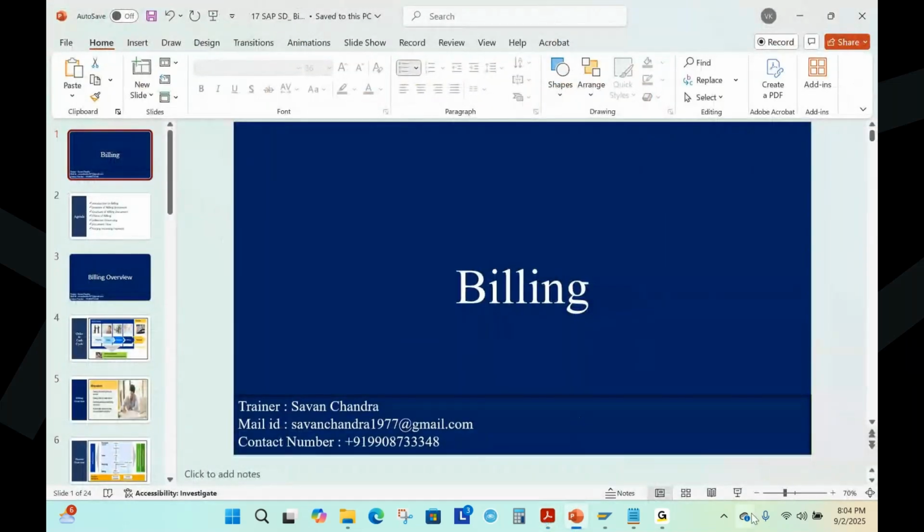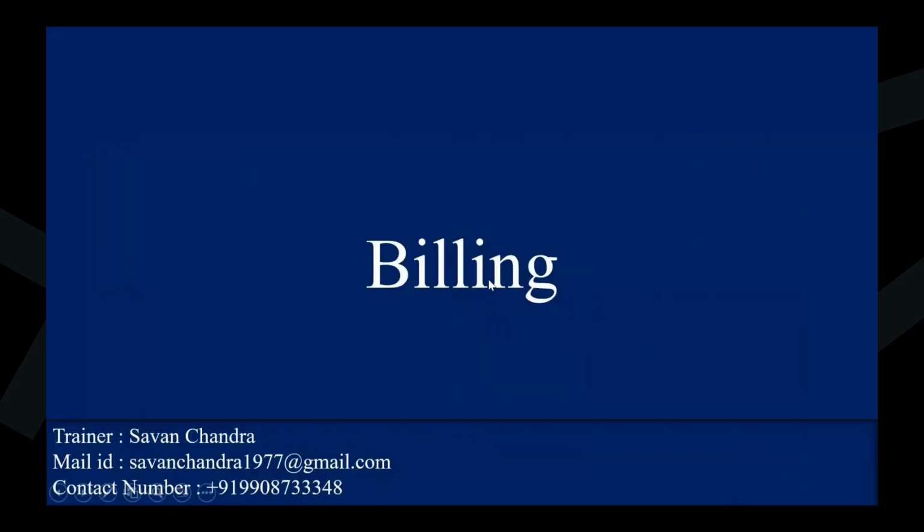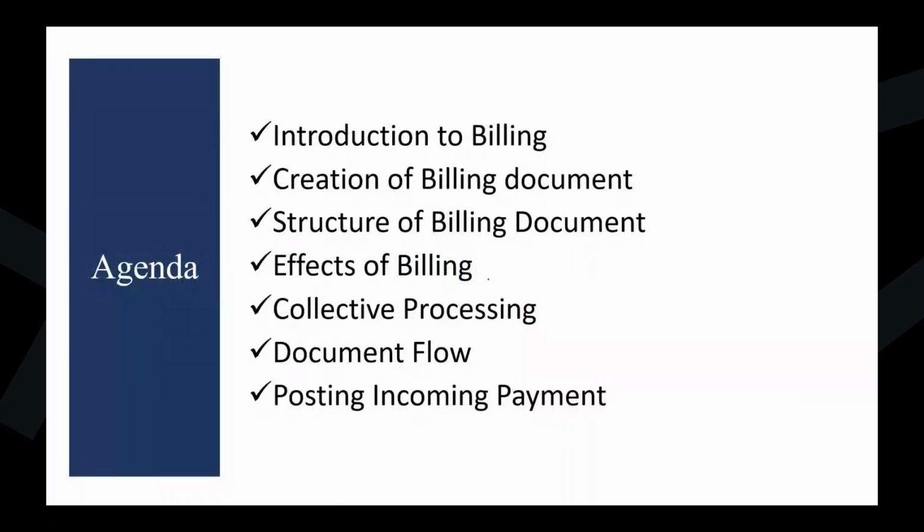So in the billing topic, we will see an introduction to billing. Basically, we'll understand what billing is, and creation of a billing document, how the billing document is created. Then the structure of the billing document, how it looks, like header data, item data.